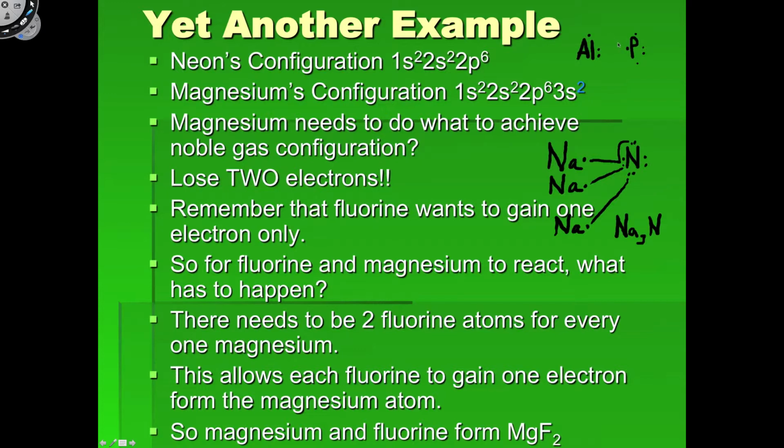It wants to lose them. What does phosphorus want? Well, it has a valence of 5. So what does it want to do? It has 5 and wants to gain 3 more to make a total of 8. So this is what we call a perfect fit. Aluminum is going to donate its 3 electrons to the phosphorus, and the ratio is a 1-to-1 ratio. So the formula is AlP. No need for any subscripts because 1s are understood.